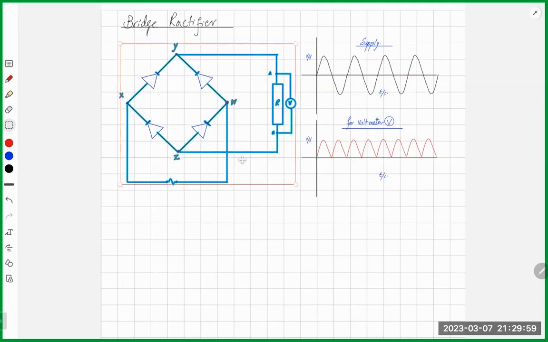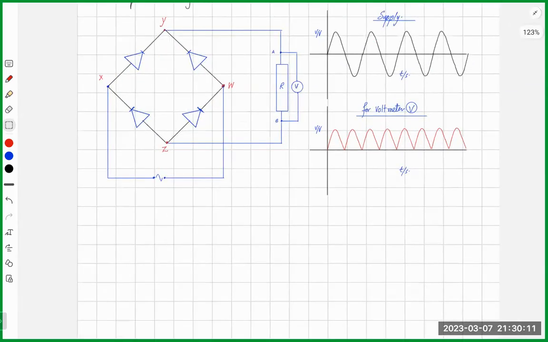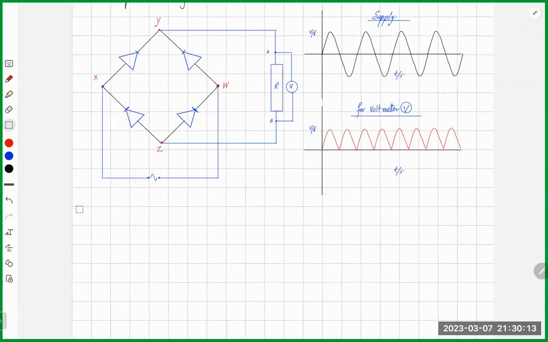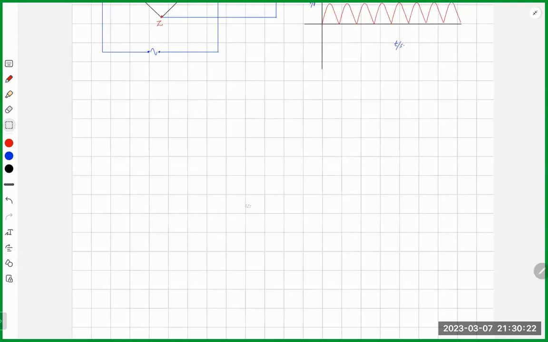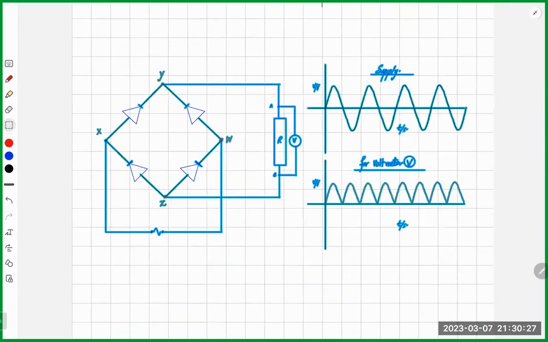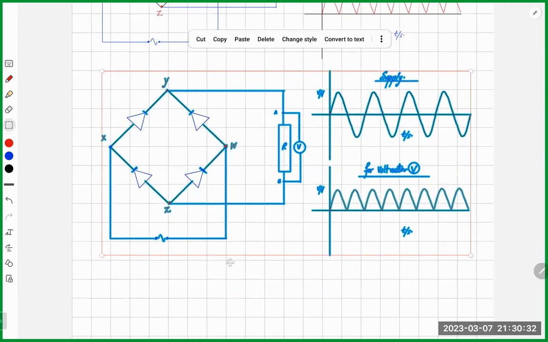The question is, what will happen if we put a capacitor in this thing? Like what if we provide a capacitor? So it's the same thing again, but this time we will put a capacitor inside.